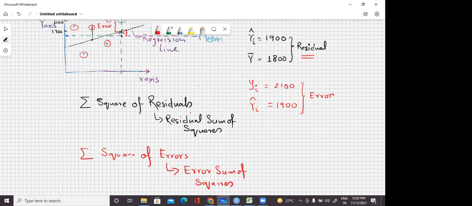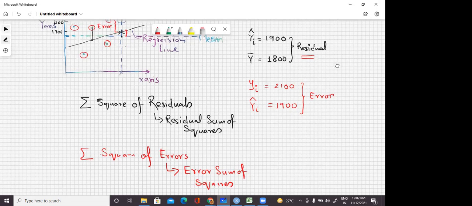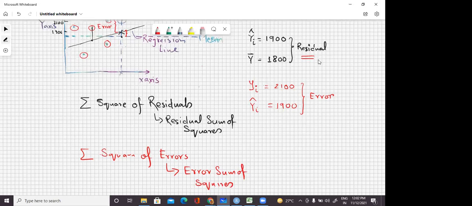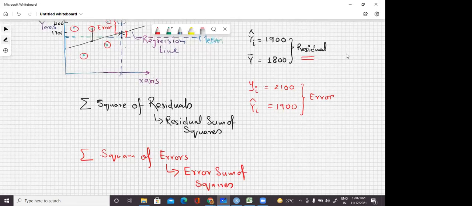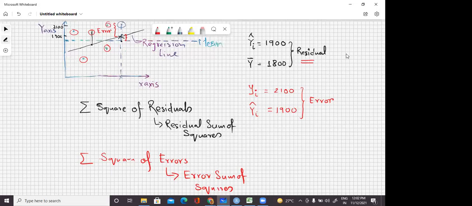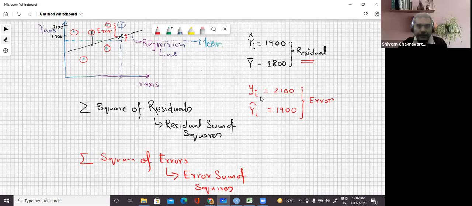So these terms, graphically, visually also you understood. What is error sum of squares? What is residual sum of squares? Have you understood that? Everybody? We will go further. It is not complete. It is not finished. Everybody understood till this? What is residual?